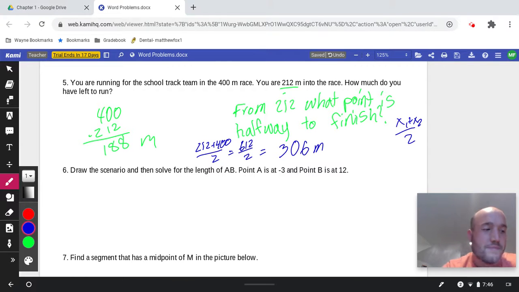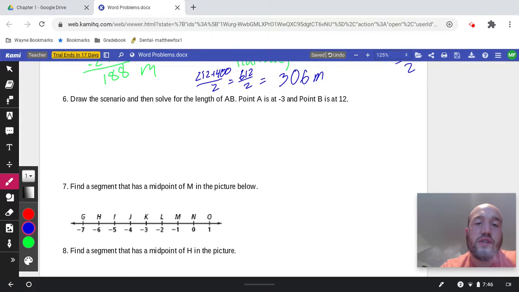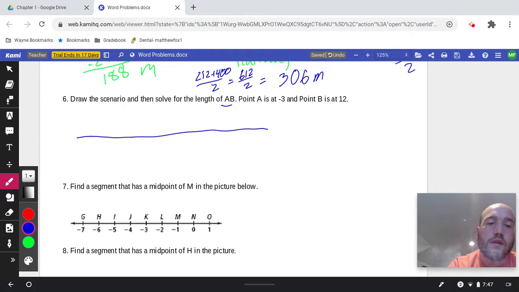Our next one, number 6, says draw this scenario and then solve for the length of AB. Point A is at -3, so to make that -3, 0 is going to be somewhere around here. Point B is at 12.